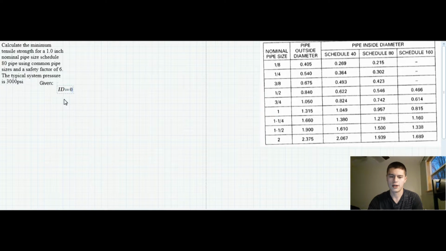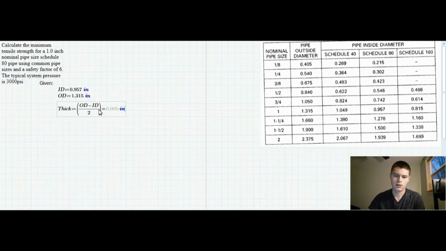So organizing this information, you have the ID 0.957 inches. And then your OD, that's just going to be 1.315, again in inches. And just to make things easier later on, our thickness is going to be OD minus ID all over 2.